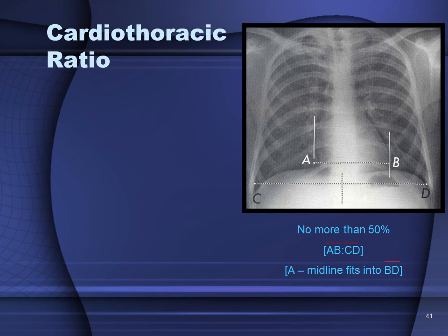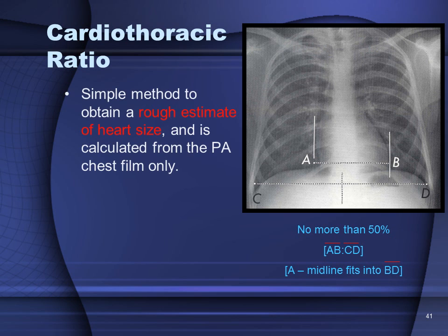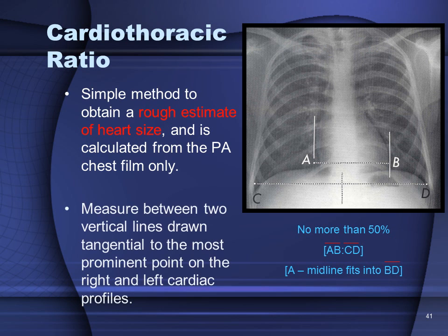If we examine the cardiac silhouette in the standard PA chest X-ray, it can give us information about the cardiogenic status of the patient. We can determine some of this information through the use of the cardiothoracic ratio, which is a simple method to obtain a rough estimate of the heart size, and it is calculated from the PA chest film only.